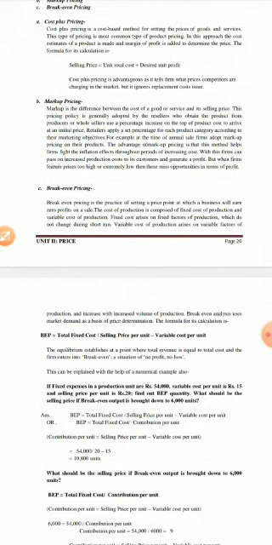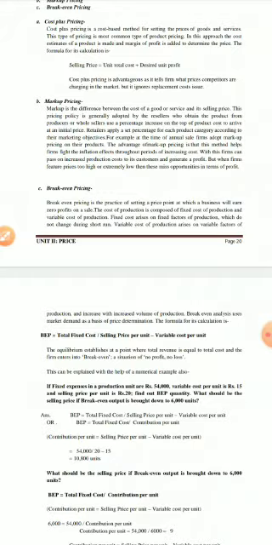Next one is break-even pricing. Break-even pricing is a practice of setting a pricing point at which a business will earn zero profit on a sale. The intention is to use low prices as a tool to gain market share and drive competitors from the marketplace.